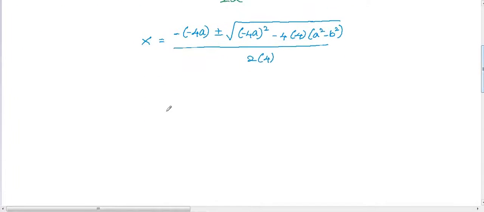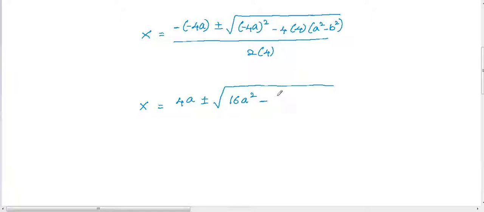Now simplify this. Minus of minus 4a becomes plus 4a, plus or minus square root of minus 4a square becomes 16a square, minus 4 into 4 is 16, so distribute 16 into a square minus b square, whole divided by 8.